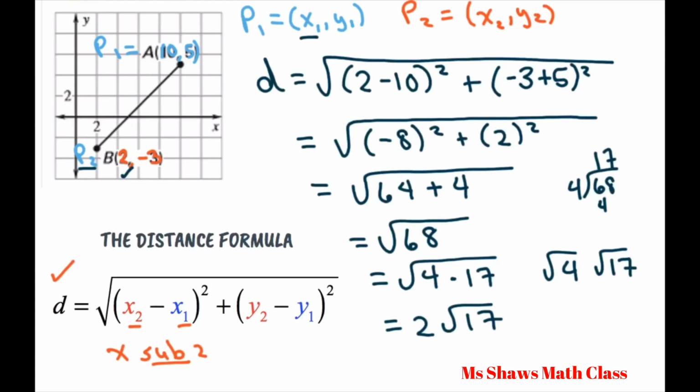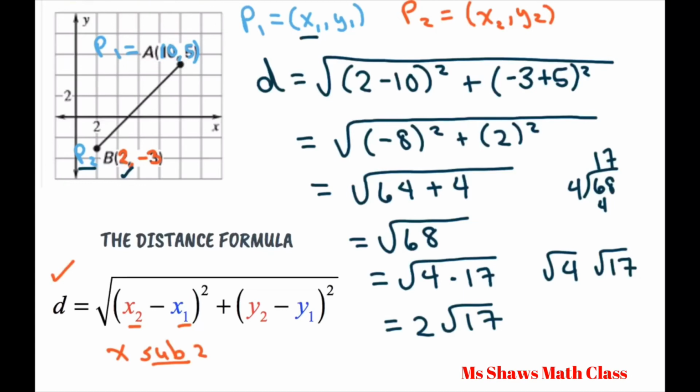This is a plus, so negative 2 plus 4 is 2 squared plus negative 9 squared, which equals the square root of 4 plus 81, which equals the square root of 85. And we can't simplify that.